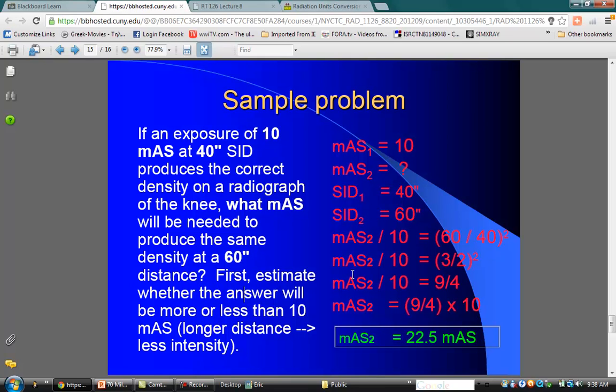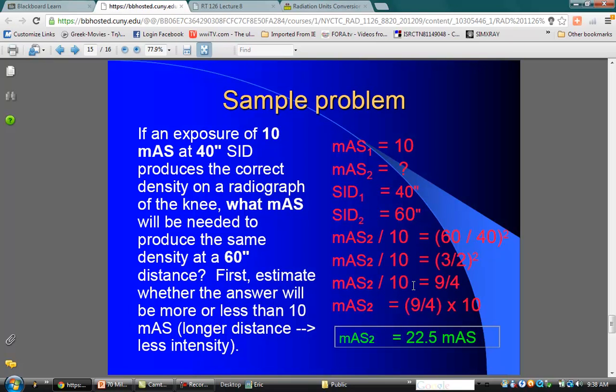Once you plug in all the numbers, the math is not too bad. It's mass 2 divided by 10 is equal to 3 over 2 squared, and all we did was say that 20 goes into 60 3 times, 20 goes into 40 2 times, so we reduced this fraction to make the math a little bit easier. You'll be given a calculator, so you don't even have to do this if you don't want to.